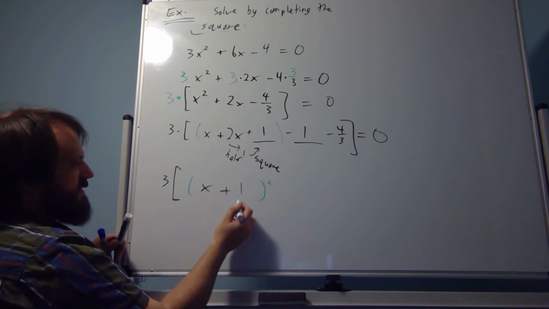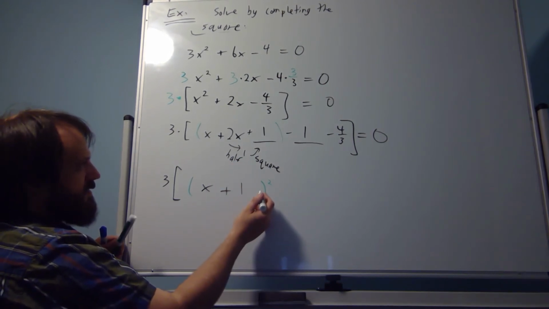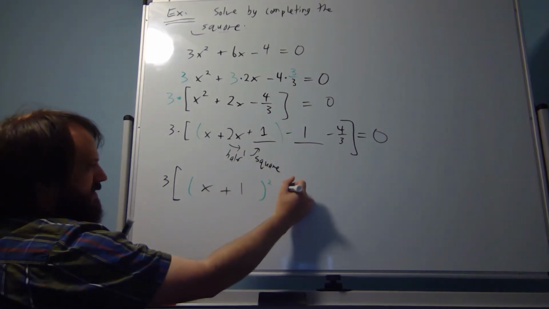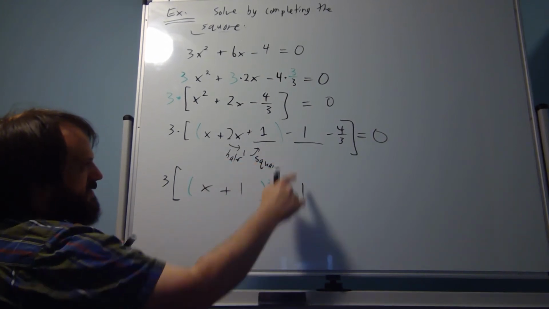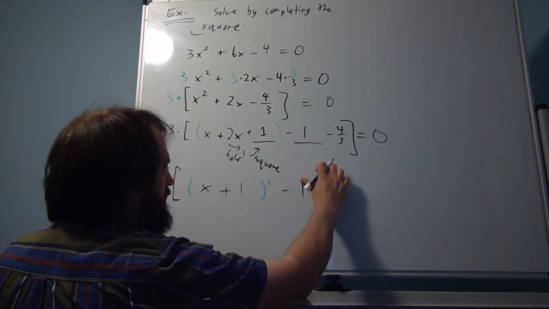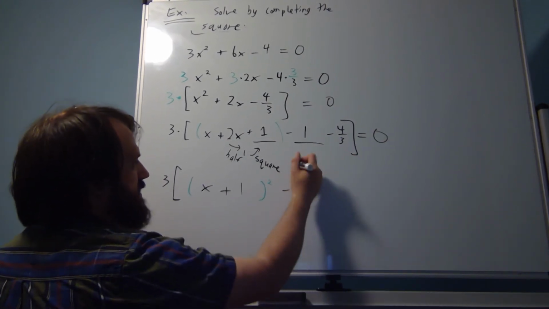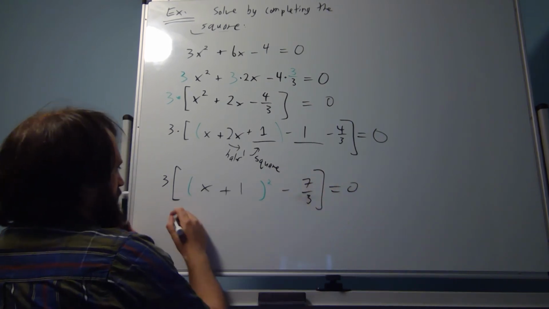So the half thing is, it's x plus 1 squared. And we needed this other matching number here in order to balance that out. So that part is a perfect square. There's a negative 1 left over. Well, I already wrote it down. So there's a negative 1 and there's a minus 4/3. So that's negative 7/3. That's what we have there.